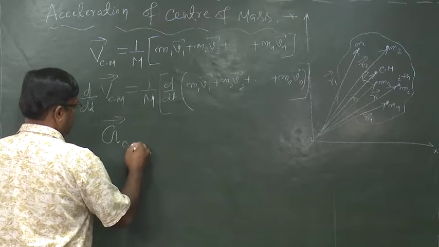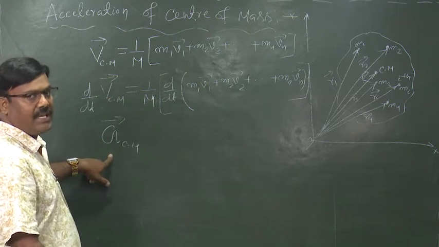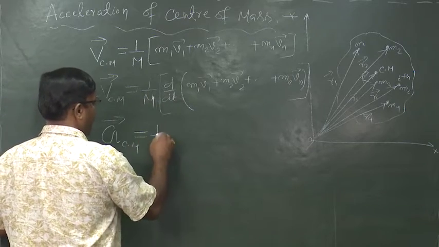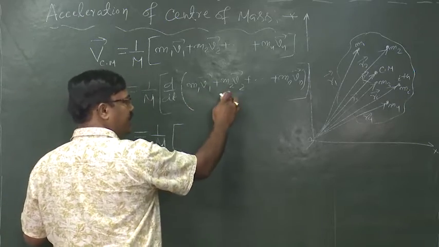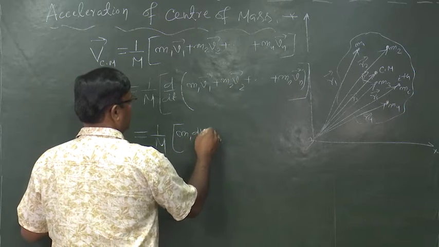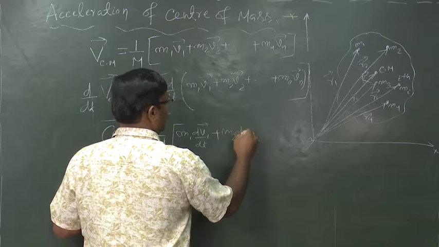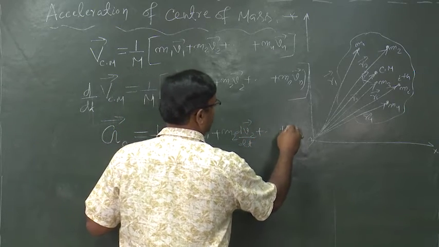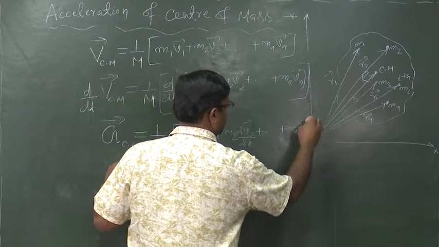If we write this as a center of mass, d by dt of v center of mass is nothing but the acceleration of center of mass, and this can be written as 1 by m. Now, taking the derivative of each term, we can write this as m1 dv1 by dt plus m2 dv2 by dt plus up to mn dvn by dt.